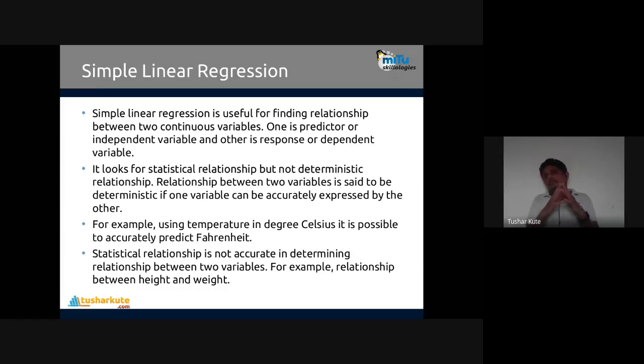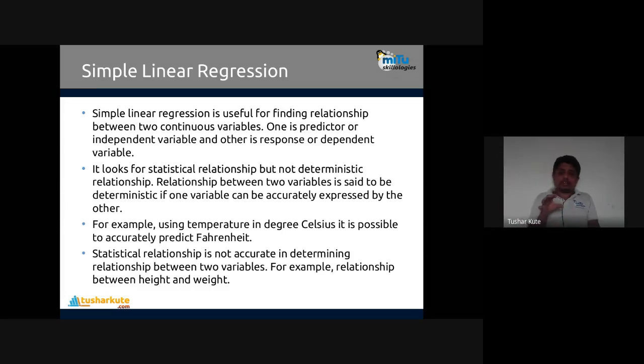Like, say, I want to identify the Fahrenheit value from the Celsius value. When Celsius increases, Fahrenheit values will also increase, but that is not linear regression. It is deterministic. Deterministic means there is a formula in between, and based on that formula only they will increase.